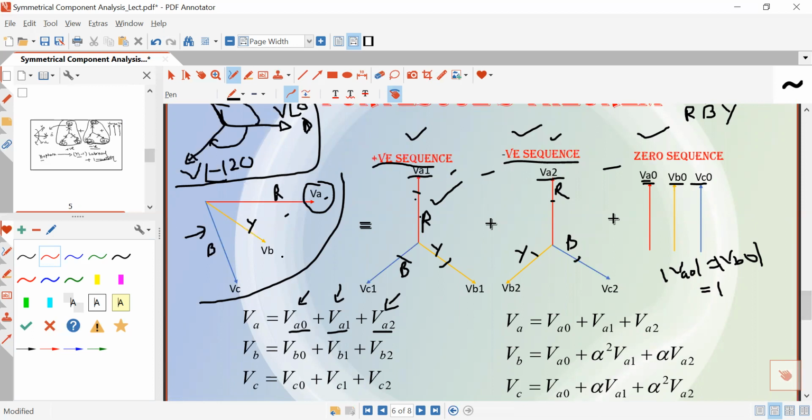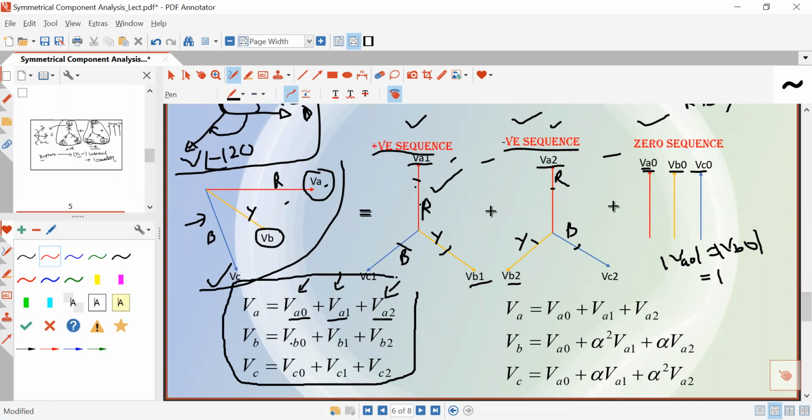Similarly, if you want to write the unbalanced phasor VB in terms of symmetrical components, then VB will be equal to VB naught plus VB1 plus VB2. Similarly, if you want to write the unbalanced phasor VC in terms of symmetrical components, then VC will be VC1 plus VC2 plus VC naught.